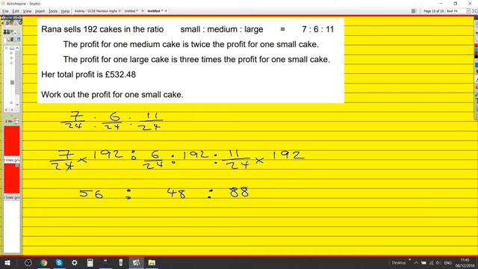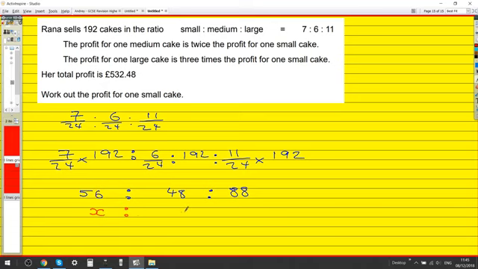The profit for one medium cake is twice the profit for one small cake. I'm not sure. So the profit for a small cake, let's call that X. Okay.